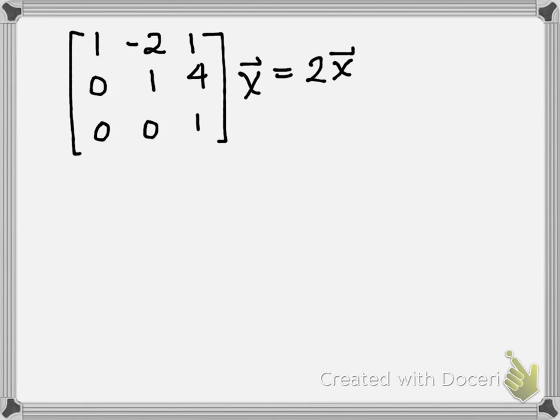So if we have an eigenvector with eigenvalue 2, that means that this matrix times x equals 2x.